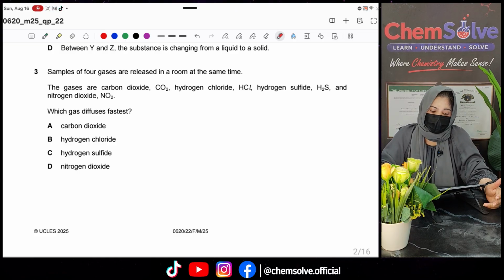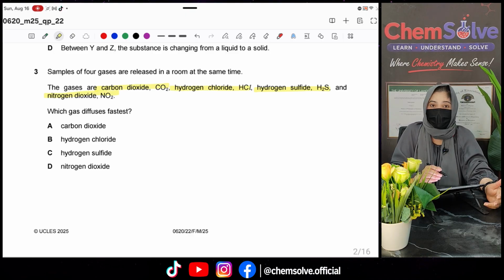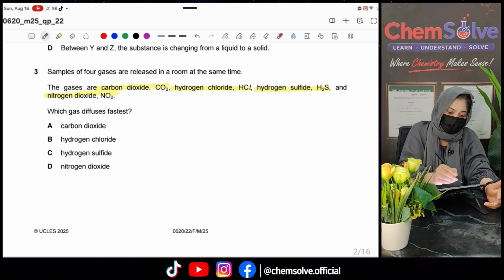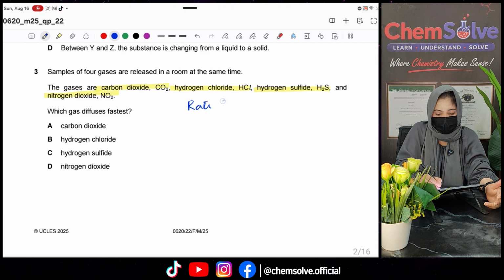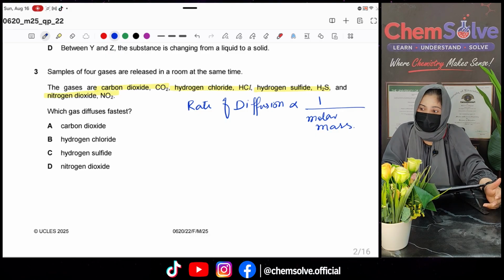Samples of four gases are released in a room at room temperature at the same time. The gases are carbon dioxide, hydrogen chloride, hydrogen sulfide, and nitrogen dioxide. Which gas diffuses fastest? So basically, rate of diffusion is inversely proportional to the molar mass, right?